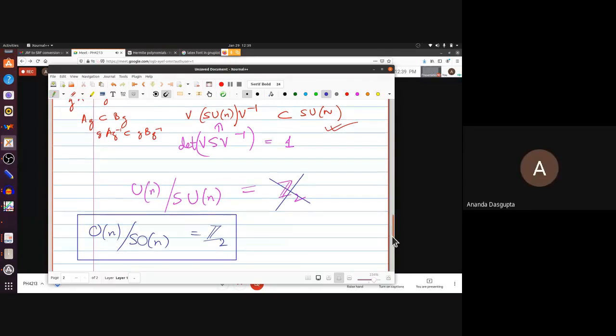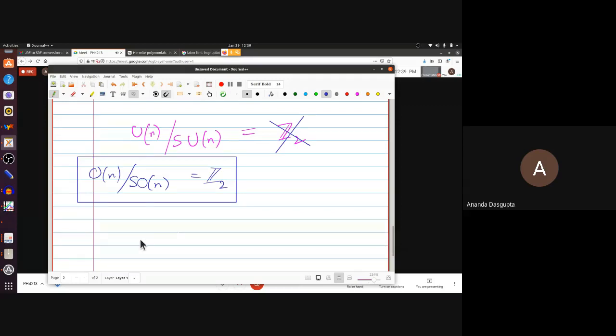R plus. What is it? So what is being said is UN by SUN is R plus. Why? Sir, in some sense, what I feel is this consists of cosets which have determinant e to the power i delta.